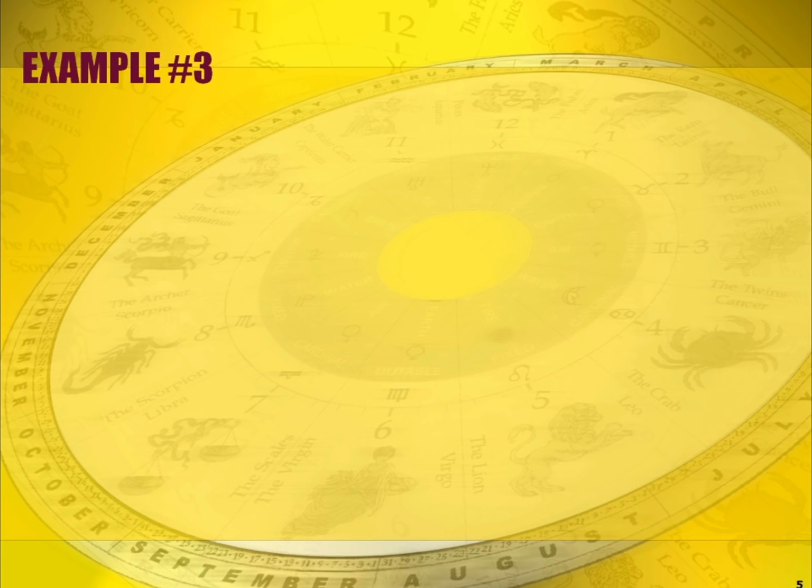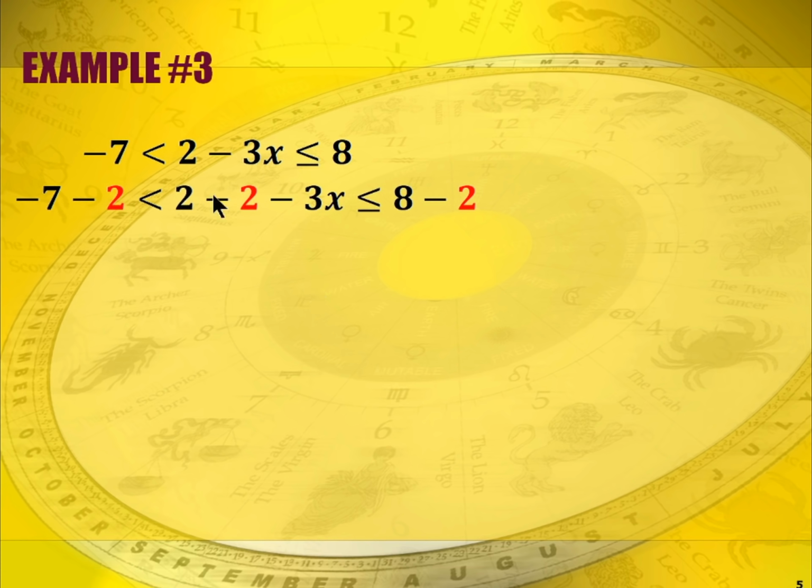Now let's go to example number 3. So we have 2 minus 3x is greater than negative 7 but less than or equal to 8. Okay, we will start from the middle. So we're going to subtract 2 at the middle and then from the right and from the left. So we have negative 7 minus 2 is less than 2 minus 2 minus 3x is less than or equal to 8 minus 2.